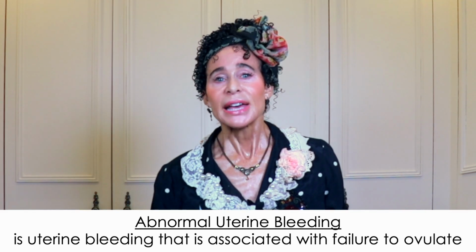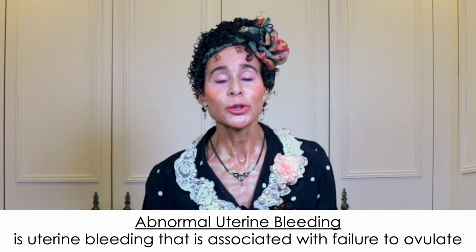Abnormal uterine bleeding is uterine bleeding that is associated with failure to ovulate. So the bleeding is not a result of coordinated efforts between estrogen and progesterone with ovulation at mid-cycle. Instead, it's a result of failure to ovulate, followed by excessive buildup of the endometrial lining. So if you have PCOS, you'll typically start having more frequent but extremely heavy periods, heavy enough to send you to the emergency room.